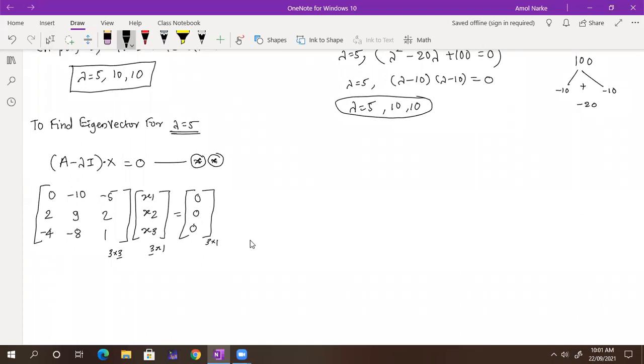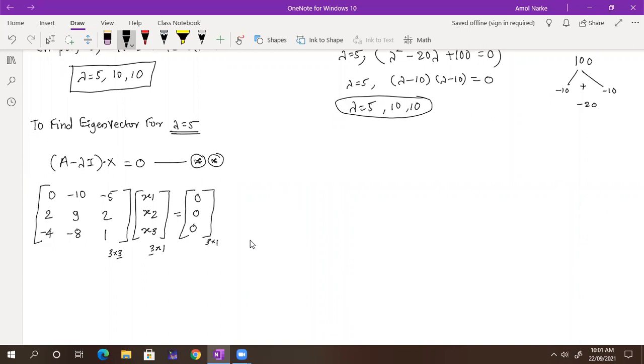No, this is always valid because A is the square matrix and X is my eigenvector. A vector is either a row or a column in matrices. So I write the equation in terms of matrices. That's why I write here 0, 0, 0, my null matrix, 3 cross 1. What is this product? 3 here, 3 here, so 3 into 1. You are getting it like this.